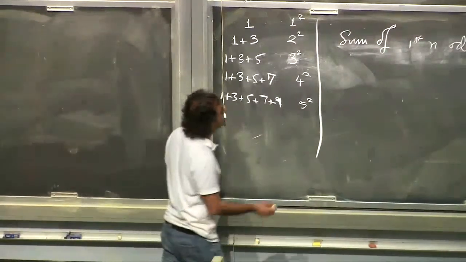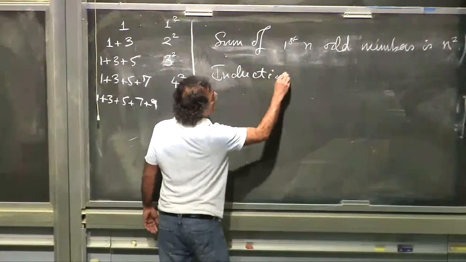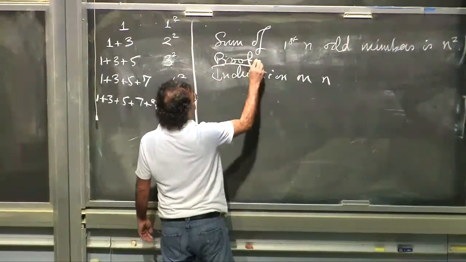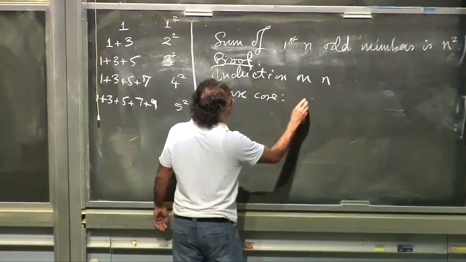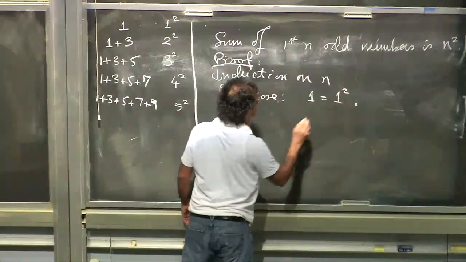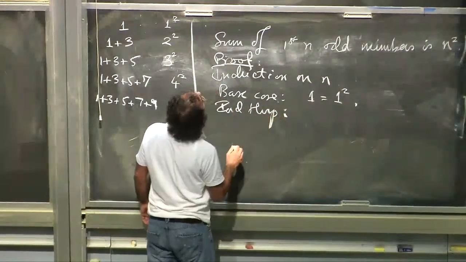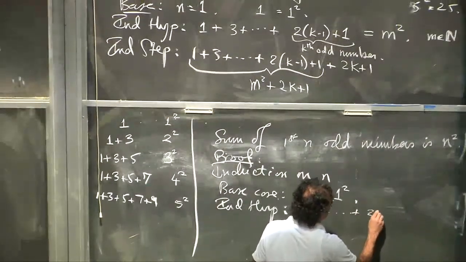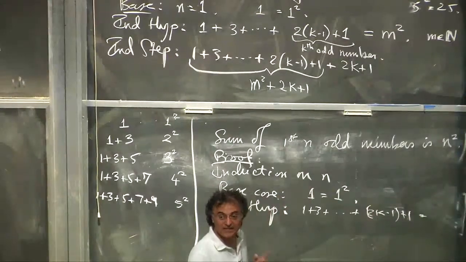By induction on n, base case: 1 equals 1 squared. Induction hypothesis: 1 plus 3 plus dot dot dot plus 2k minus 1 is equal to k squared.